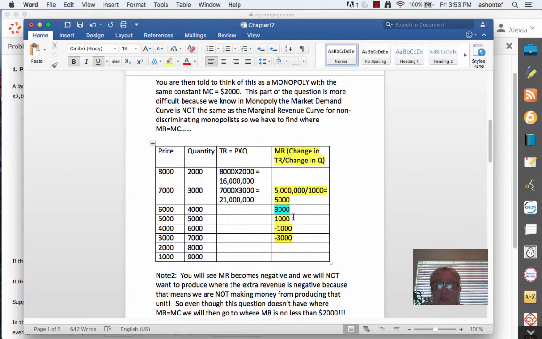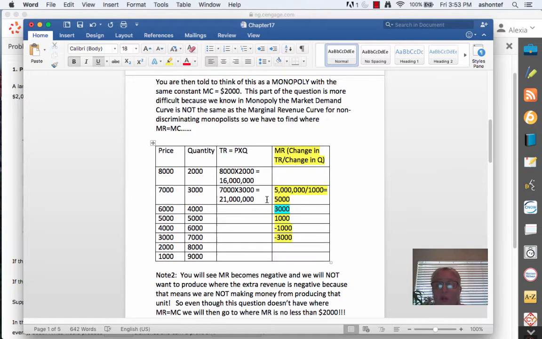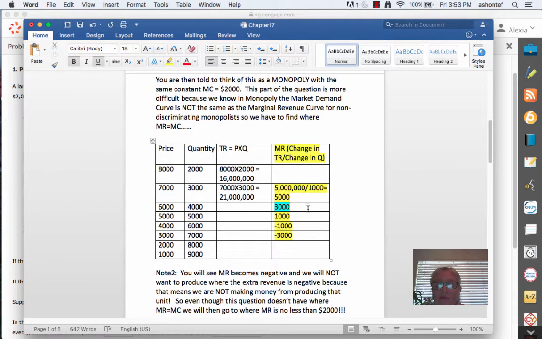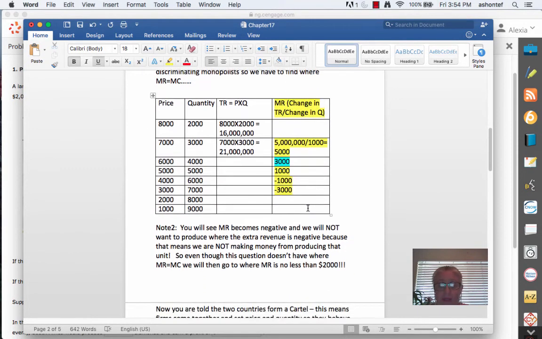You've got to at least get 2,000 or more. With that in mind, think about where the monopoly would produce. Again, the rule is marginal revenue equals marginal cost. But if you can't find that exact place where they're equal, then you've got to make sure that wherever they go, they're getting at least the amount of revenue that it costs them.